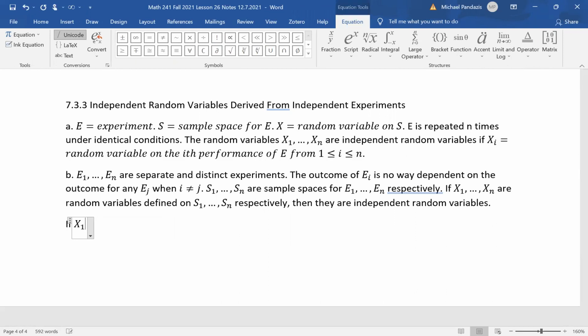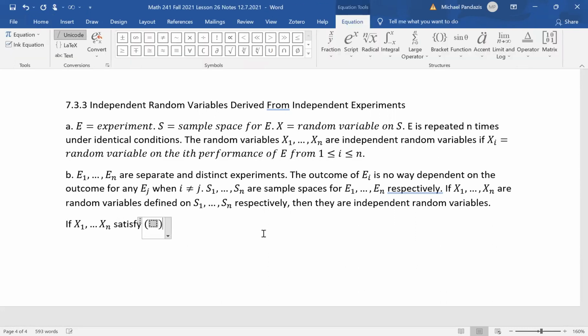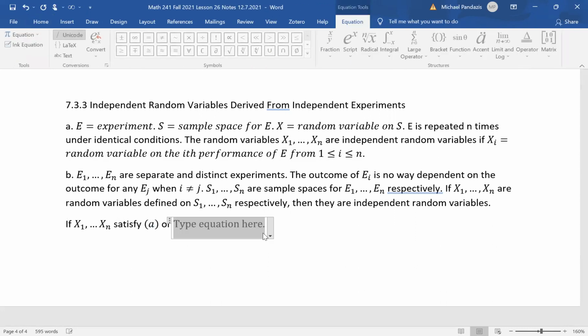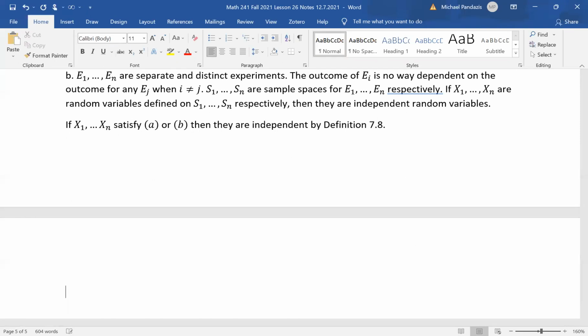If X1 to Xn satisfy A or B, then they are independent by definition 7.8. Okay, and this is the end of Math 241 material.